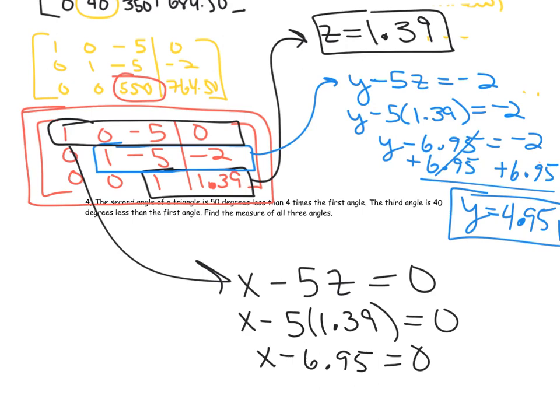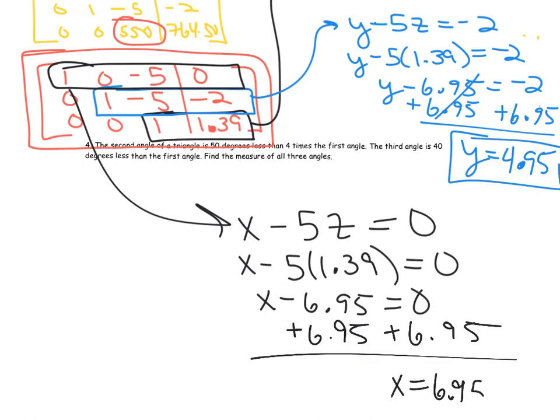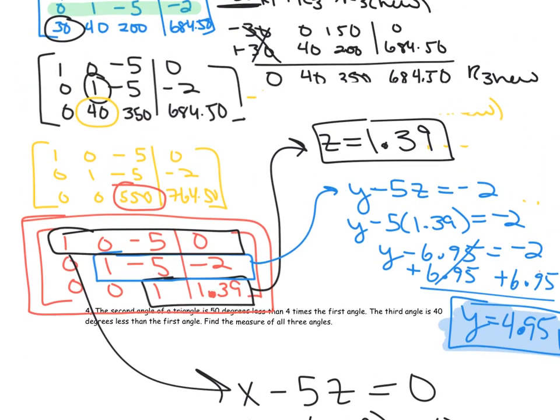So now when I add over my 6.95, we'll be able to get X is 6.95. All right, so we know the cost of a cake is $6.95. We know that the price of a pie is $4.95. And we know the price of the giant cookie is $1.39.